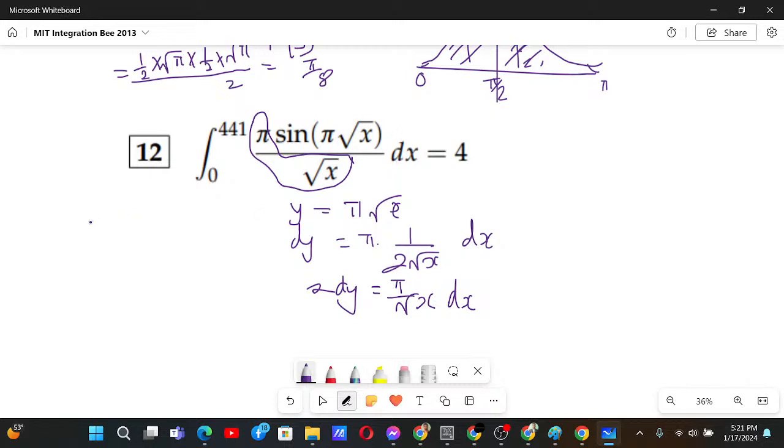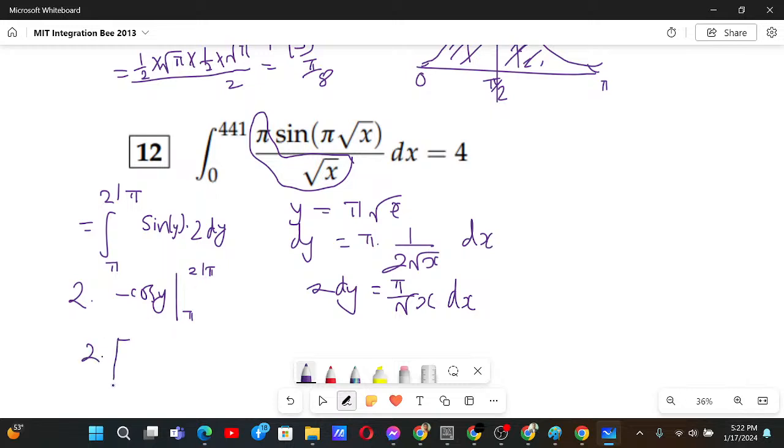Our boundaries will be pi root x, so this is pi, this is 21 pi, since square root of 441 is 21. Yeah, 21 pi, and this is sine y, and pi by root x dx is 2 dy. So we have 2 times the integral of sine y, which is minus cos y, from pi to 21 pi.